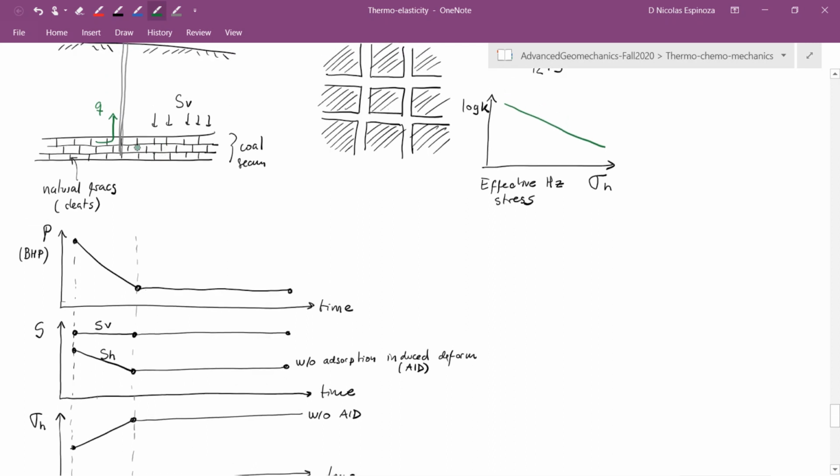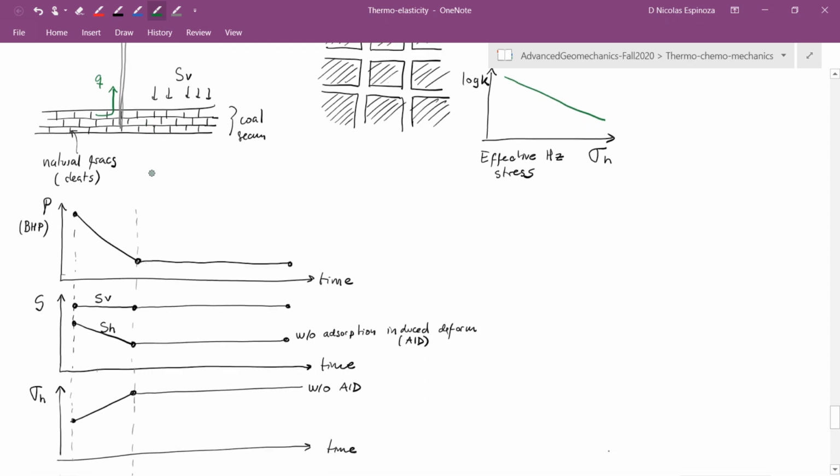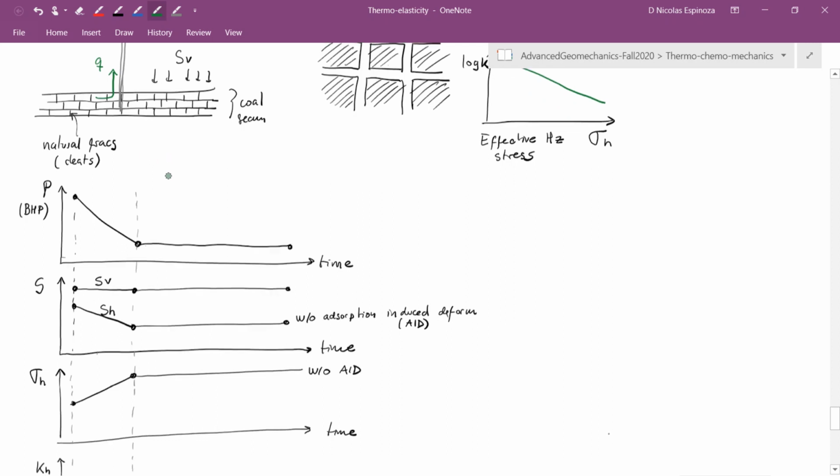This is similar to what happens with temperature. I lower the temperature, I cause a stress relaxation. And in this case, it's going to happen something very similar, but caused by the phenomenon of desorption of the fluid and shrinkage-induced desorption.